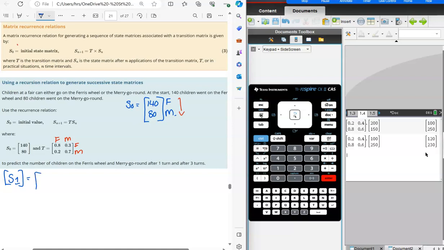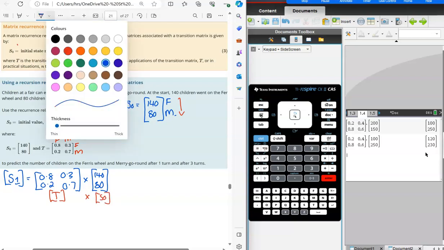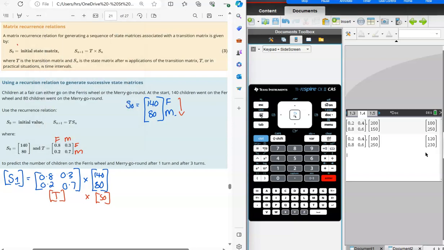The way I get state 1 is I use the transition and multiply it by the state before, which is S0. Underneath you can just write the transition matrix times S0. In your notes, you don't have to write all the numbers. You can use the letter symbols and then just write the answer.